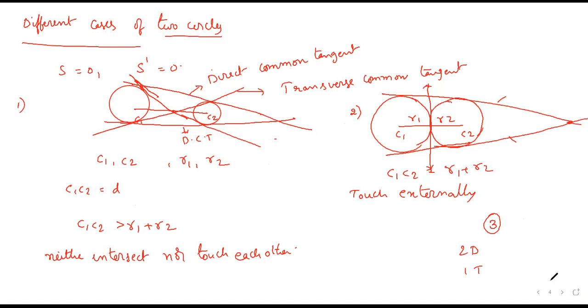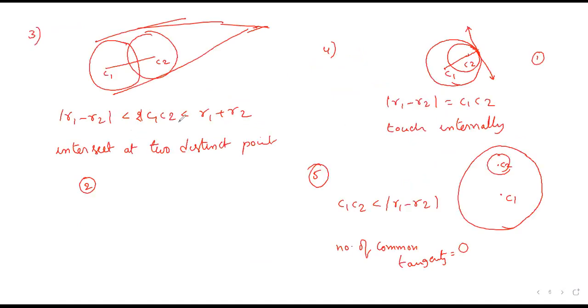Next, if C1C2 lies between the difference R1 minus R2 and R1 plus R2, then the two circles intersect at two distinct points, and the number of common tangents is two, and both are direct common tangents only.